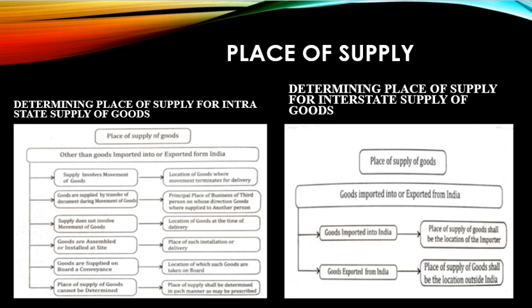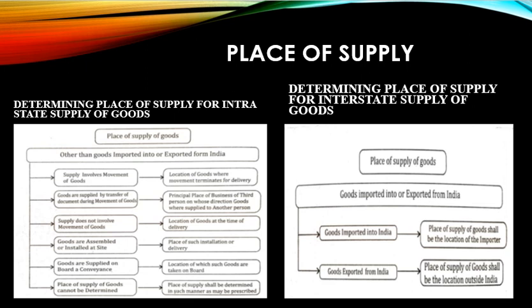When goods are supplied on board a conveyance, such as a train or aircraft while traveling, the location where the goods were taken on board will be considered.